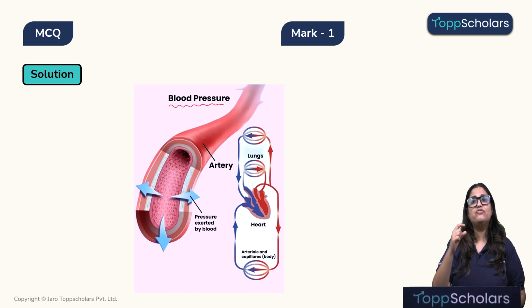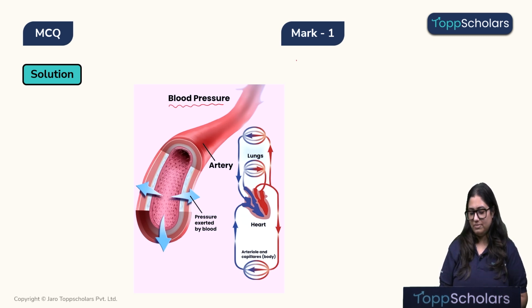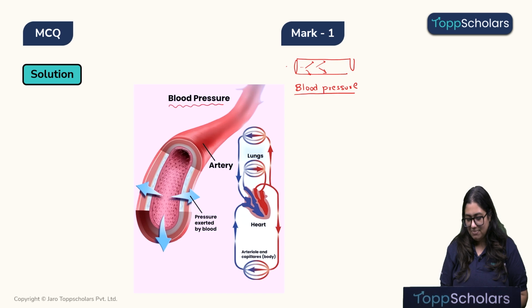The blood which is flowing through the blood vessel applies pressure or force on the walls of the blood vessel. So we can see over here, this is a blood vessel and this is the blood flowing through it. The blood will apply some pressure on the wall of the vessels, and this pressure is known as the blood pressure. Children, the blood pressure is generated because of the heart.